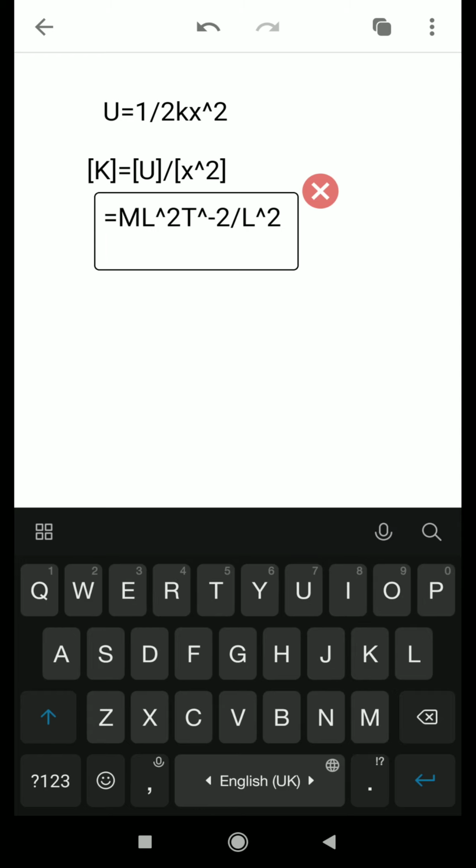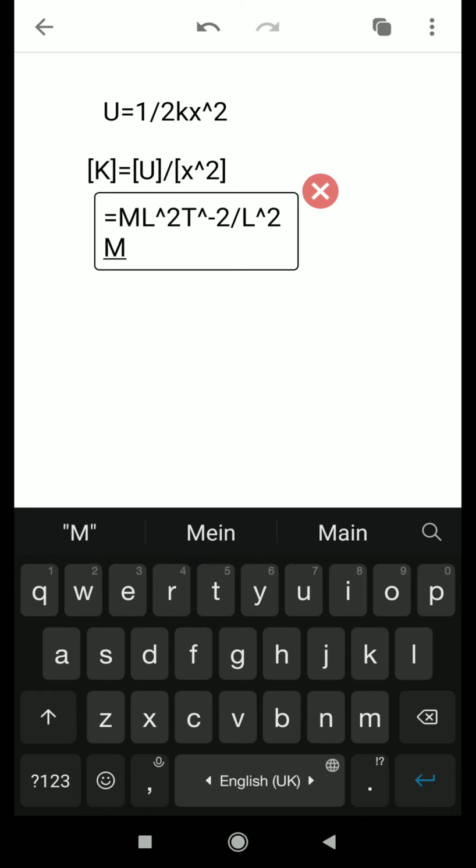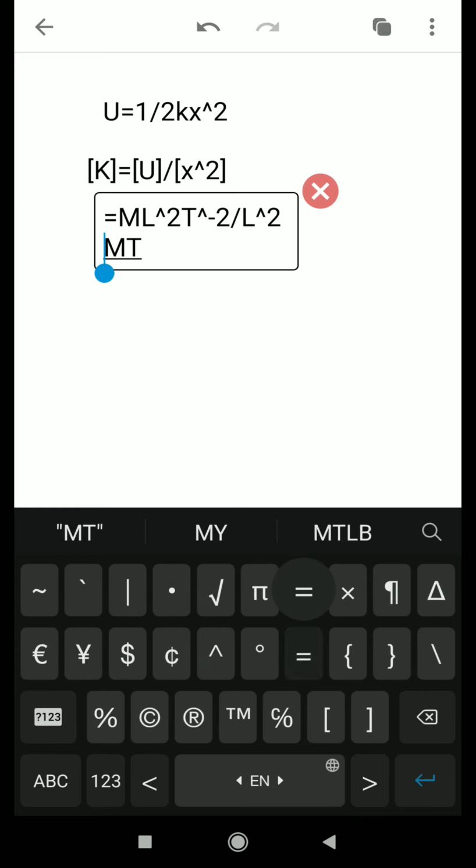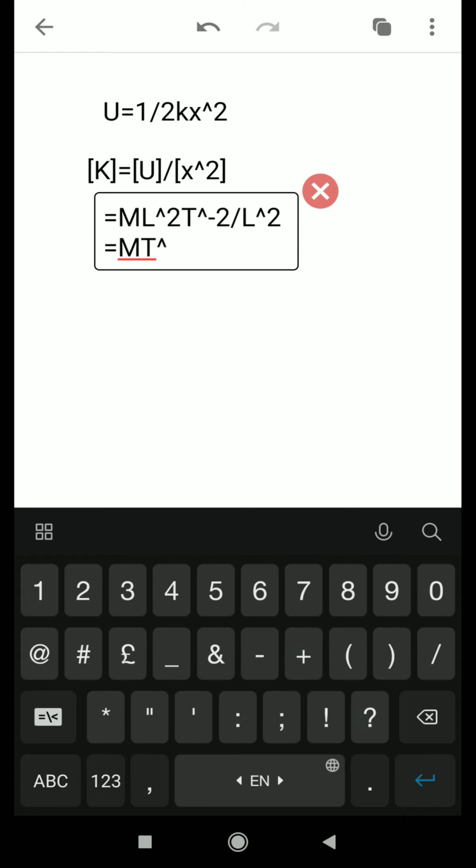So what you have got, M L square T to the power minus 2 divided by L square, so it will be M T to the power minus 2. Clear? So the dimension of k, a force constant, is M T to the power minus 2. Clear?